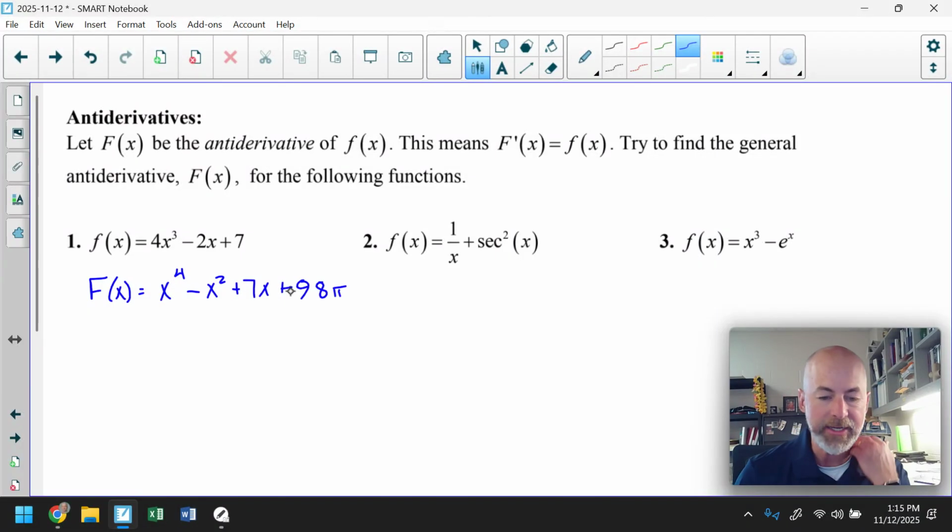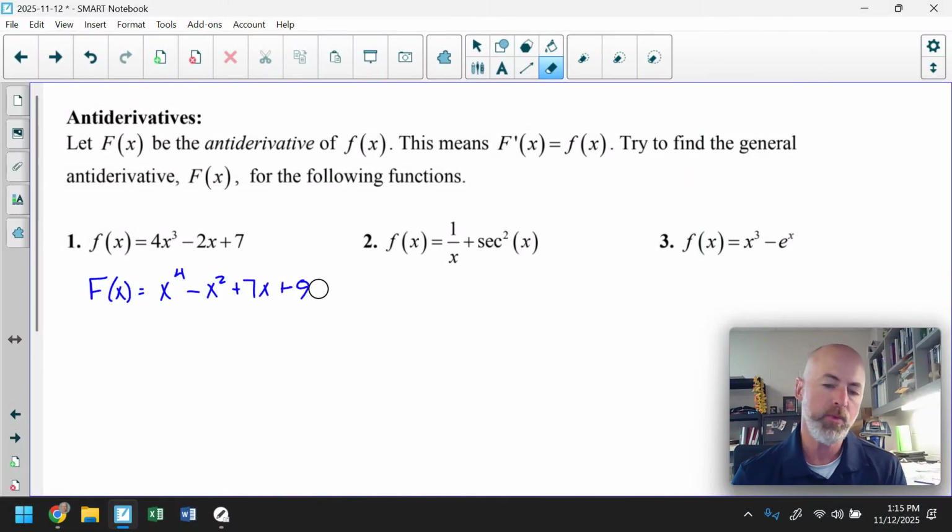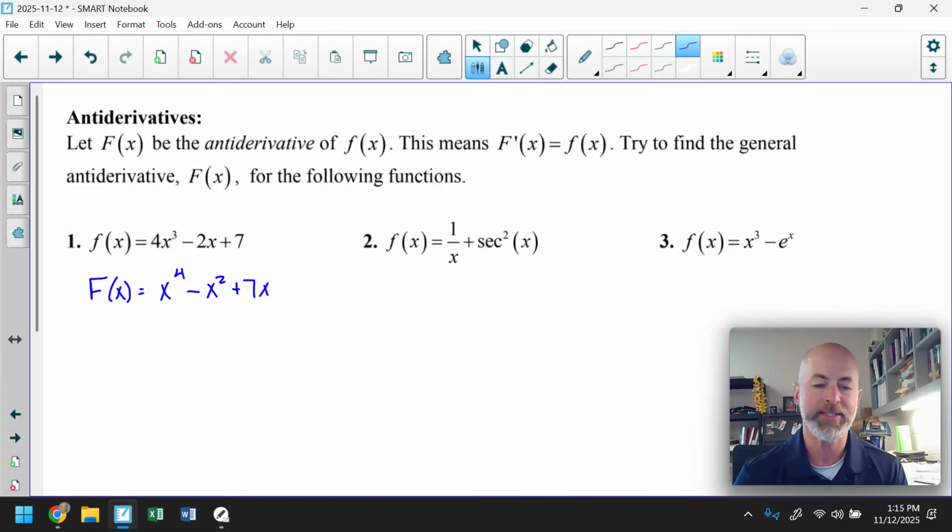I could put any constant here, and the derivative of that constant would be 0, still preserving the fact that this little f is the derivative of that capital F. And what we do in the world of general antiderivatives is when we find the antiderivative, we will put a plus c at the end, just to indicate that there could be some constant added to that antiderivative and it would still be correct. And so we need to remember plus c for all general antiderivatives.